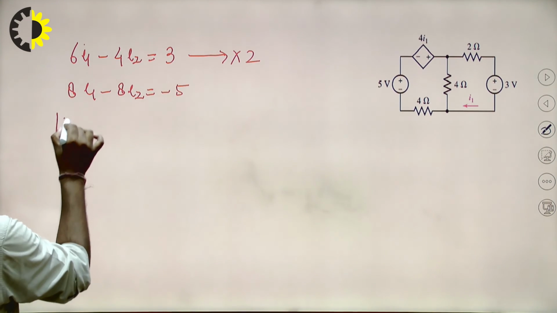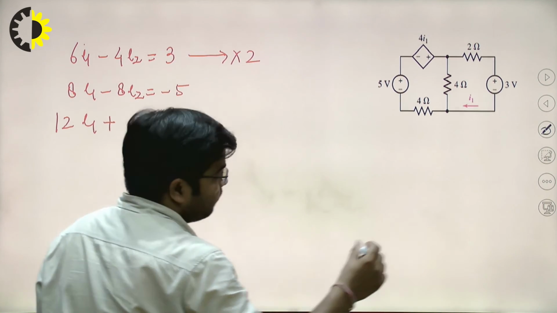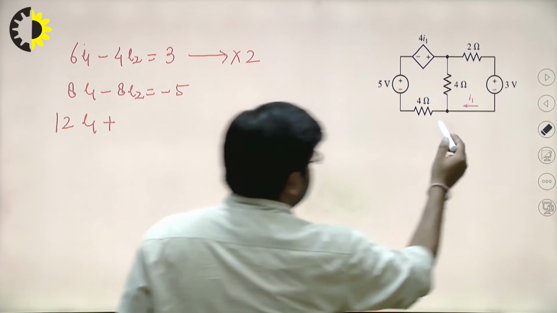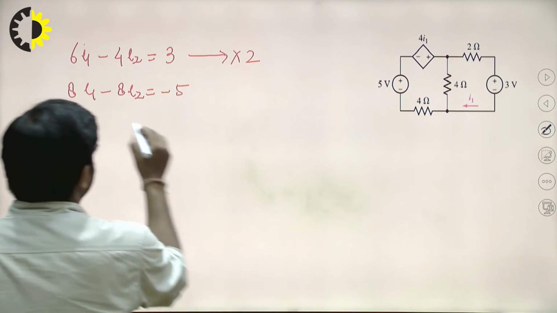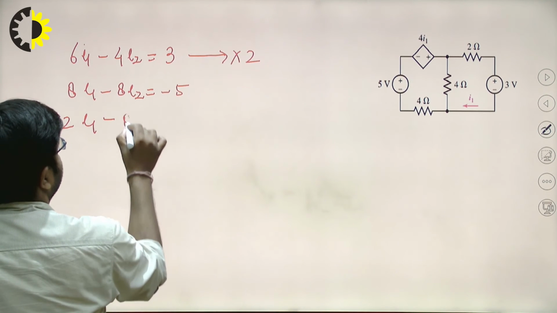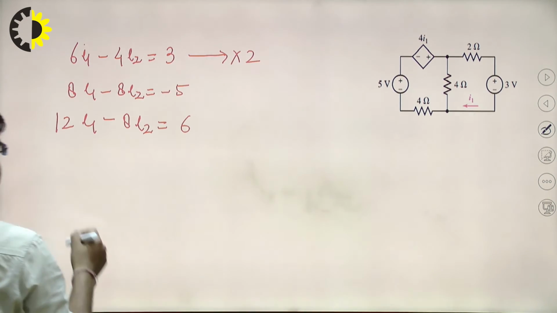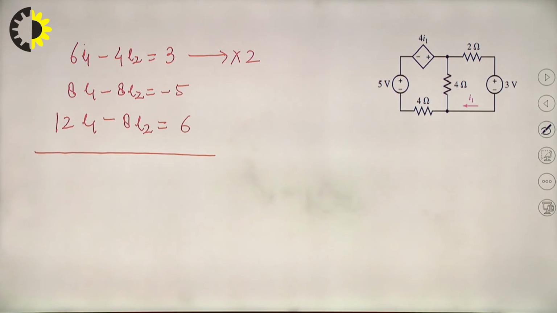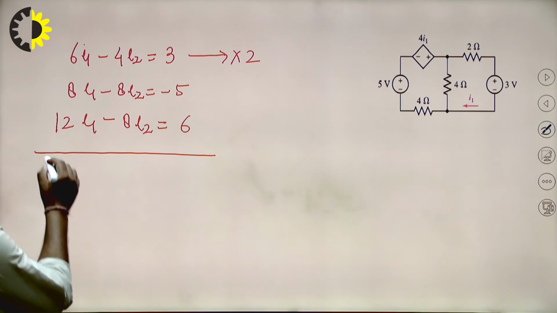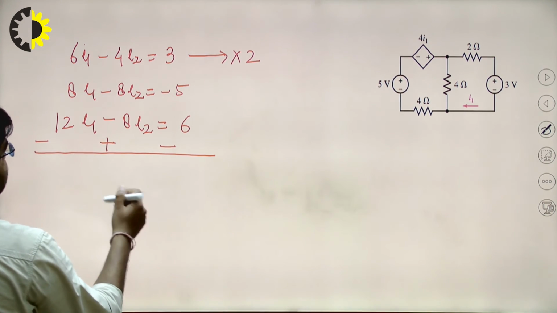So it will be 12I1, sorry, this will be minus 8I2 that is equal to 6. So this will be minus, this will be plus, this will be minus.